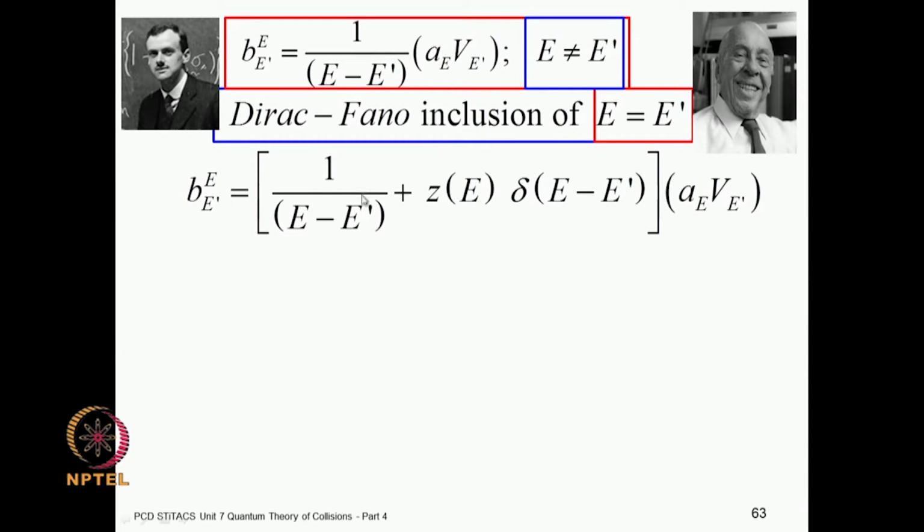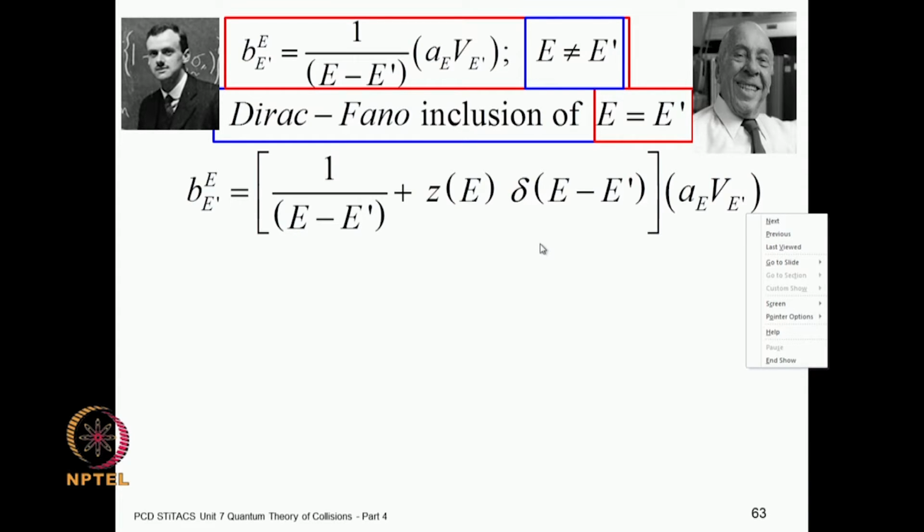And what this technique does, following Dirac, and this is a really beautiful device to handle such situations, is that instead of writing B like this, you write it as 1 over E minus E prime. So, the A_E V_E prime factor is here. And then over here you add a function z multiplied by the Dirac delta, because you are going to use it in some integrand.